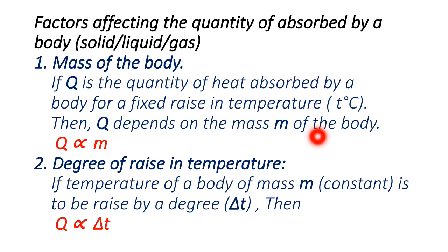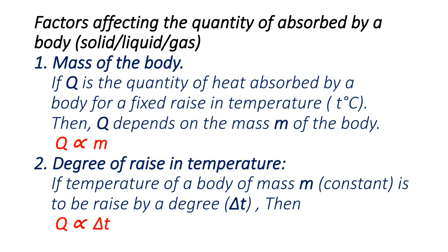Suppose the mass is greater; then for this T degree Celsius raise in temperature, we have to give a greater heat Q. If the mass is lesser and we want to raise the temperature by the same T degree Celsius, then we have to give a lesser amount of heat. Correct.